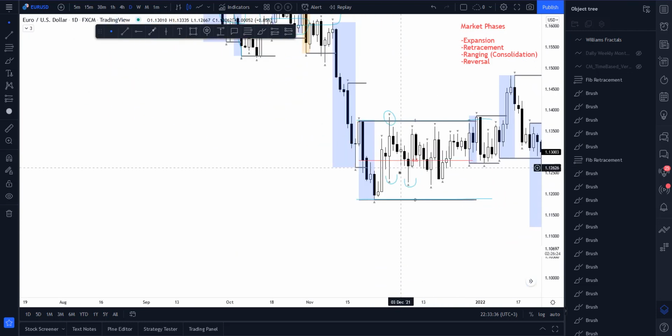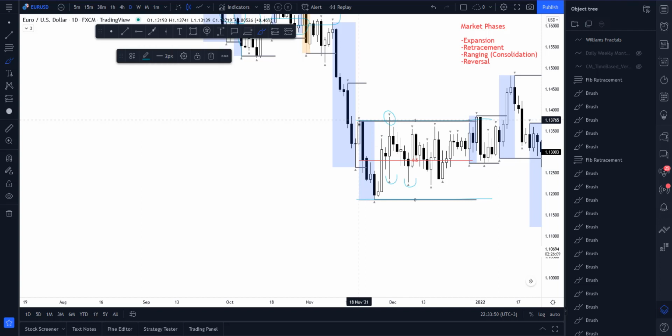You can understand that we started the ranging market condition from a failure swing inside the market structure levels. Also, you can simply see that after the expansion phase we need a retracement phase to fill the resting liquidity and mitigate the order block, or it could be a breaker or something else.